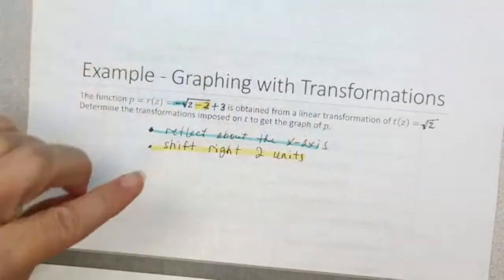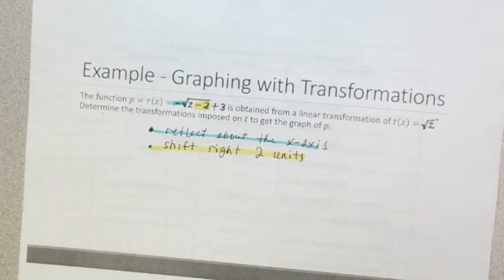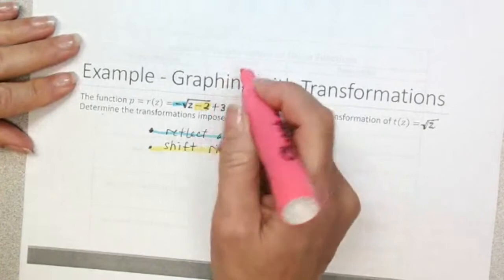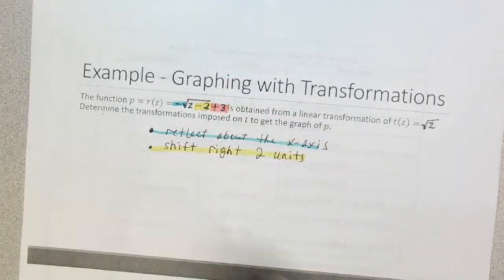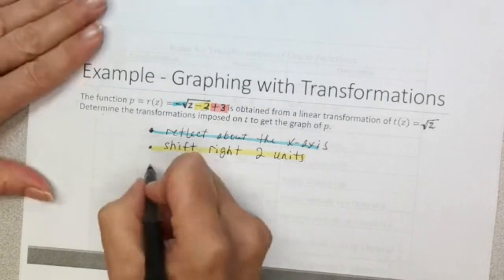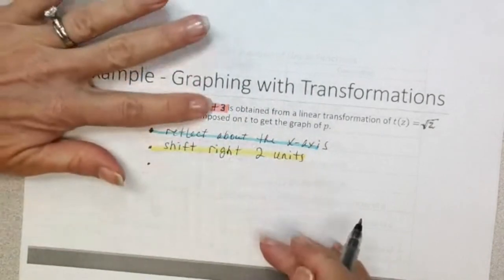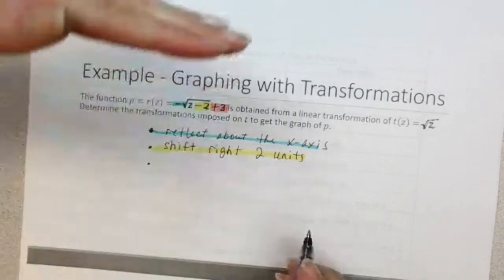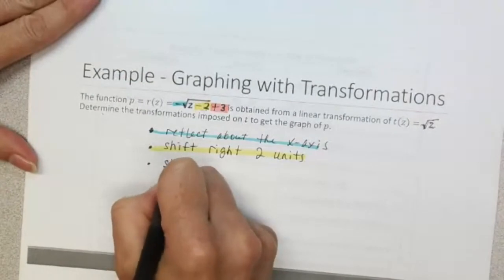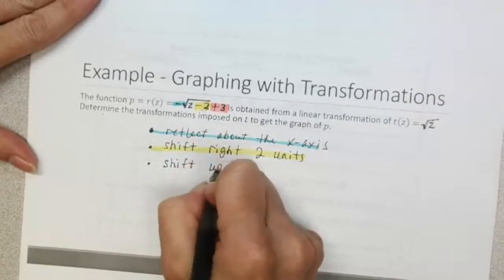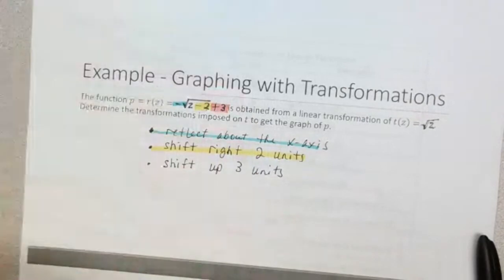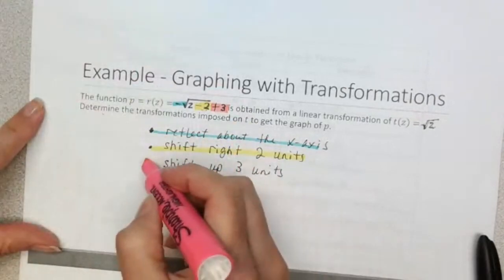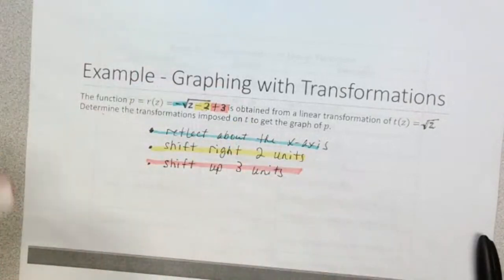The last thing that's happening here is we're adding 3 out at the end. So the last thing we're going to do is take this whole thing and add 3 to it, or shift up 3 units. When we add 3, we're shifting up 3 units.